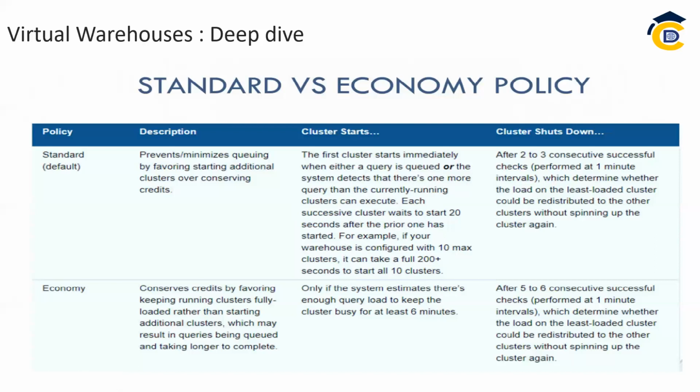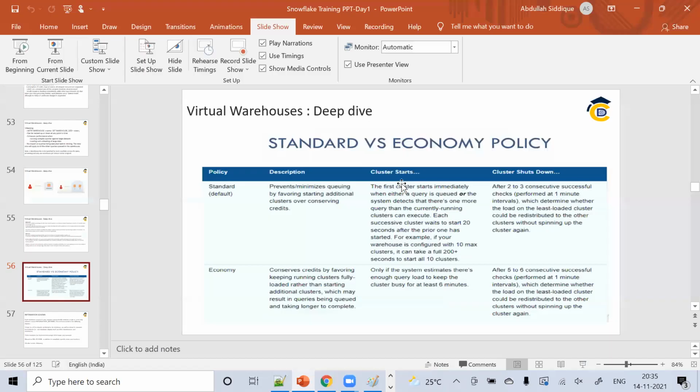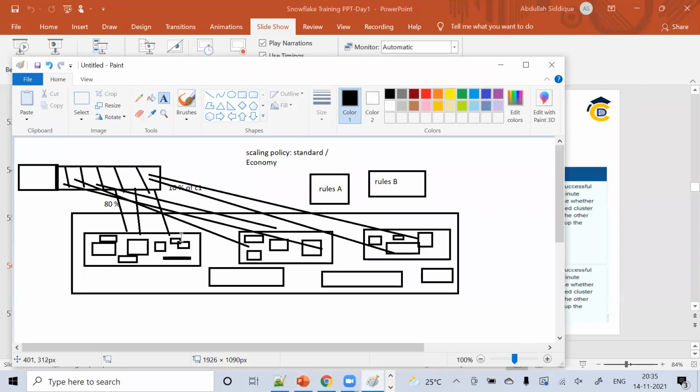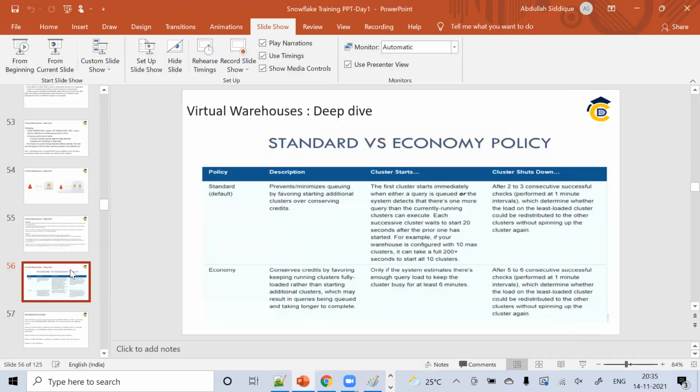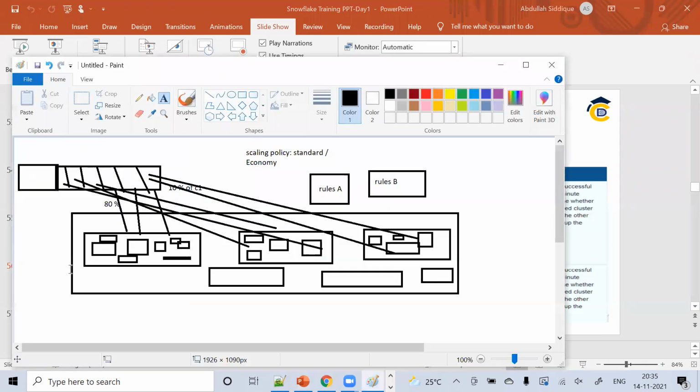Okay. So what it means is the first cluster, right? Let's consider this example only. You have 3 clusters with medium size, and we have applied standard policy to it. So what it is saying is, as soon as the first cluster gets a query, when a query is queued, or the system detects that a query is currently in the process of running, it will immediately start the first cluster.